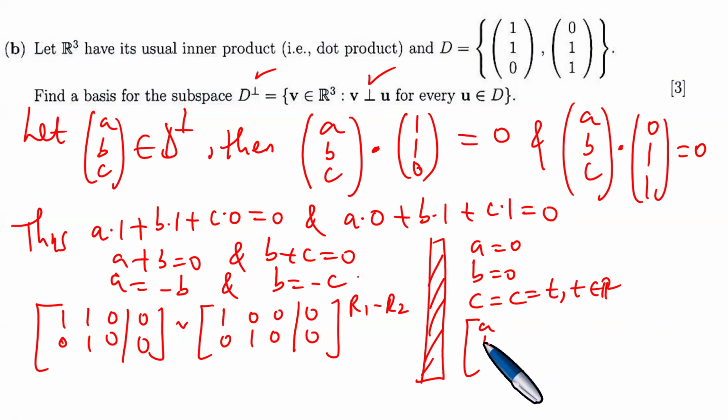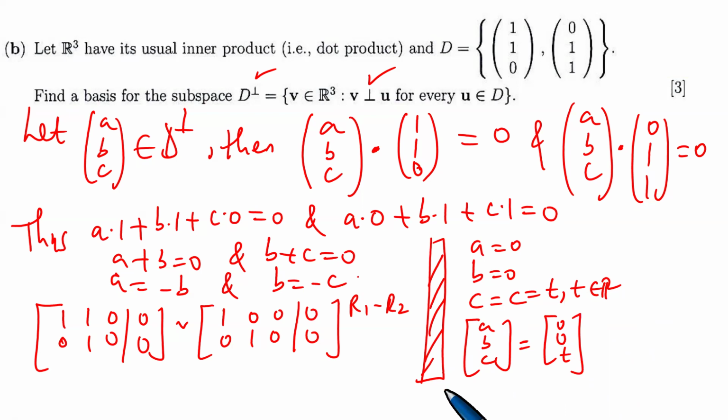Now you have the vector A, B, C, where A is 0, B is 0, and C is T. It's T, like this.